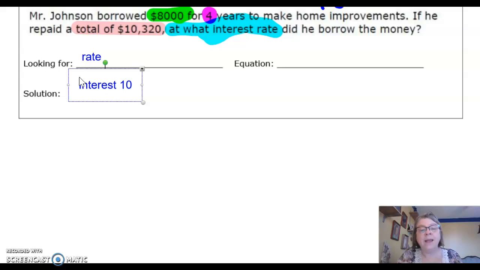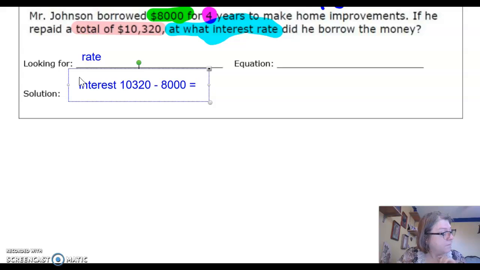All right, now to do the interest, I have to subtract what I have. So I ended up with 10,320, and I need to subtract away the 8,000 to get my interest, and that equals 2,320.